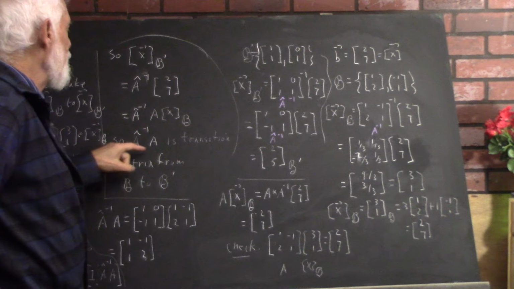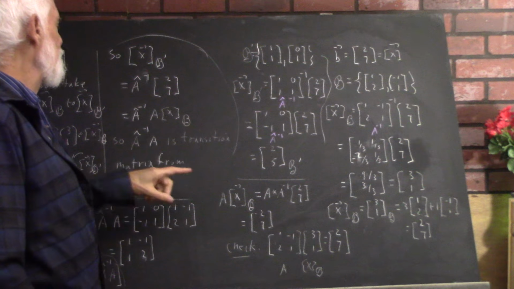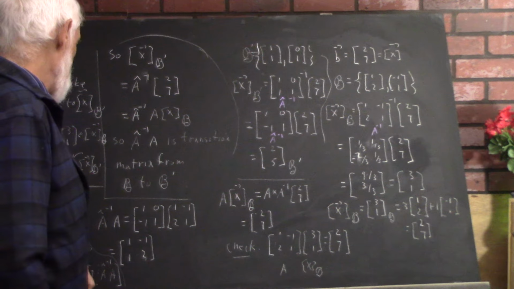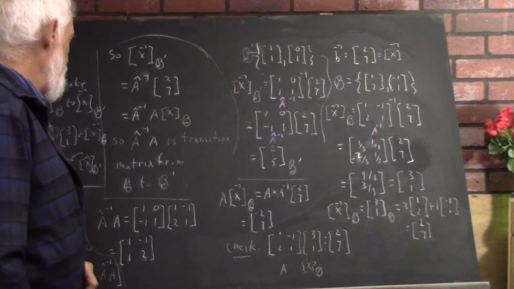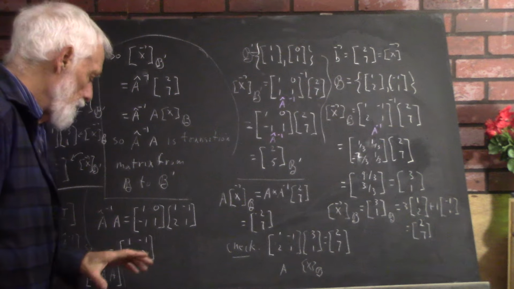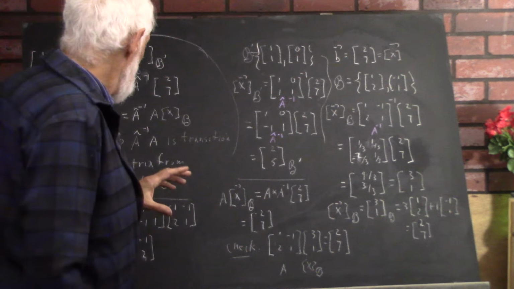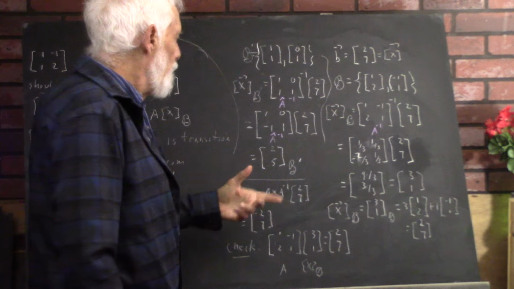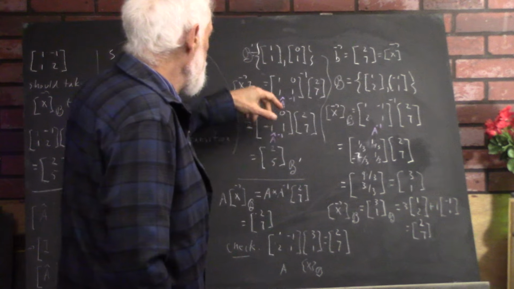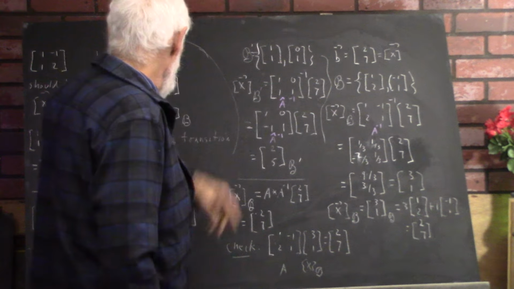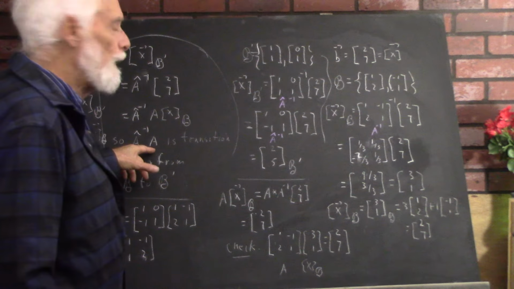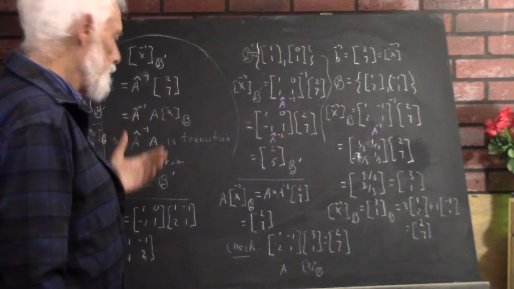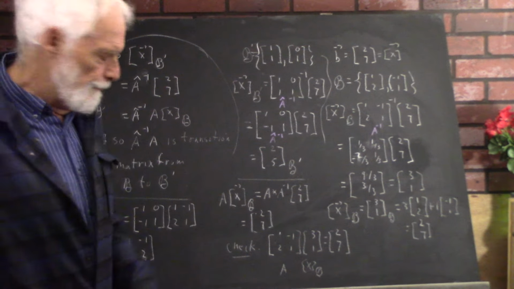So that A hat inverse A is a transition matrix that takes you from B to B prime. If you have the two bases, you could form the A matrix and invert it, and the A hat matrix and invert it, and do A hat inverse times your A matrix. There's your transition matrix. There's a slick way to get there.